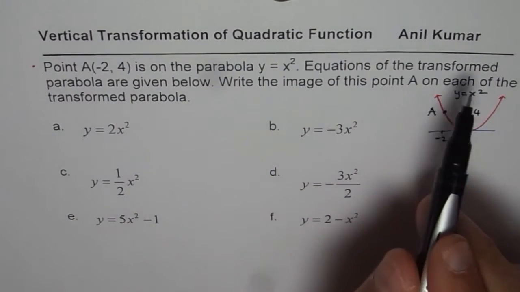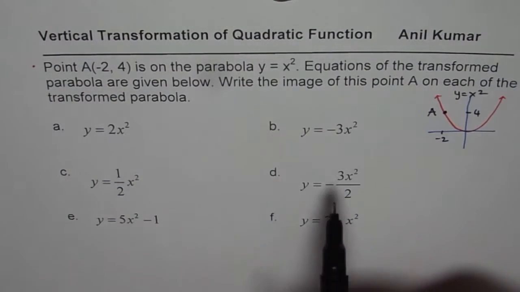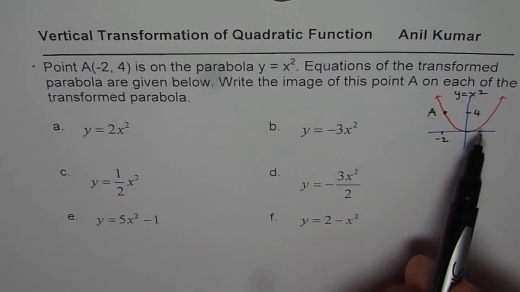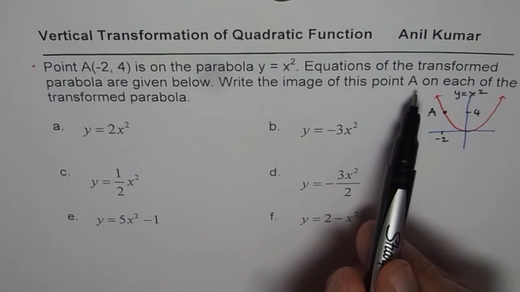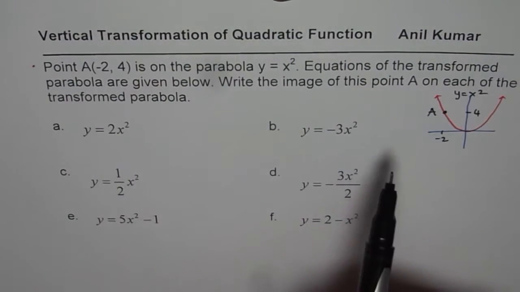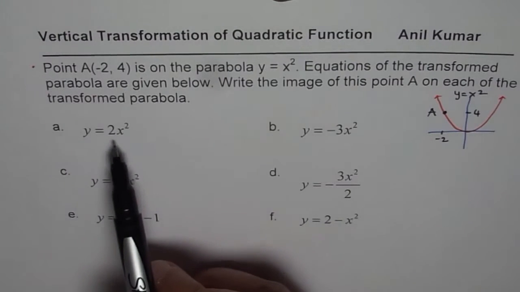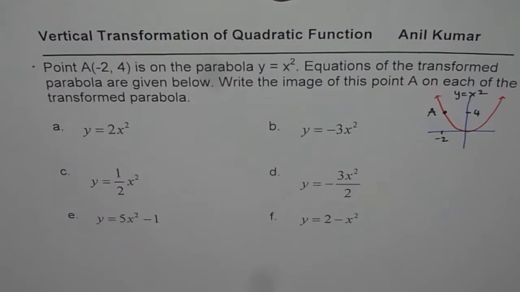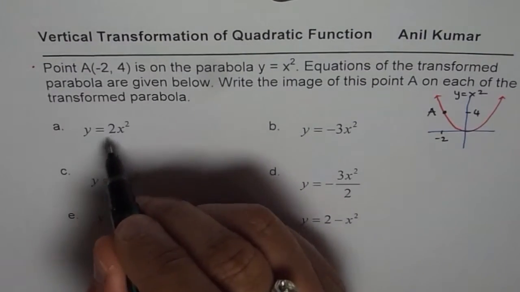Equations of transformed parabolas are given below. So these 6 equations here are transformations of this particular graph. Write the image of this point on each of the transformed parabolas, right? So that is the question for you. For example, the first one is y equals 2x squared. It really means that the graph of this function has been stretched by a factor of 2.